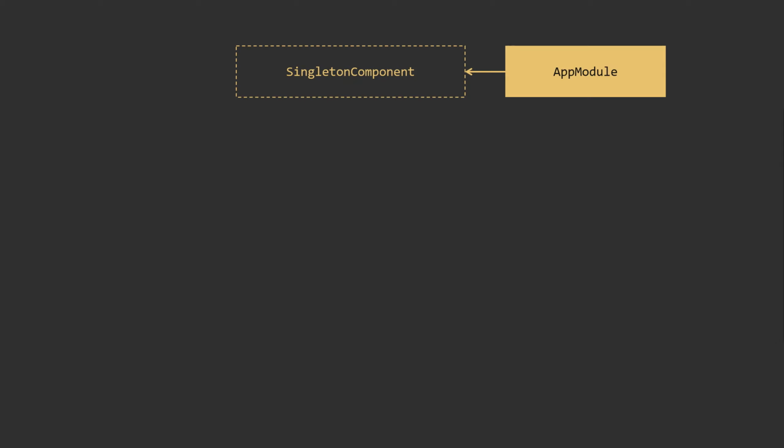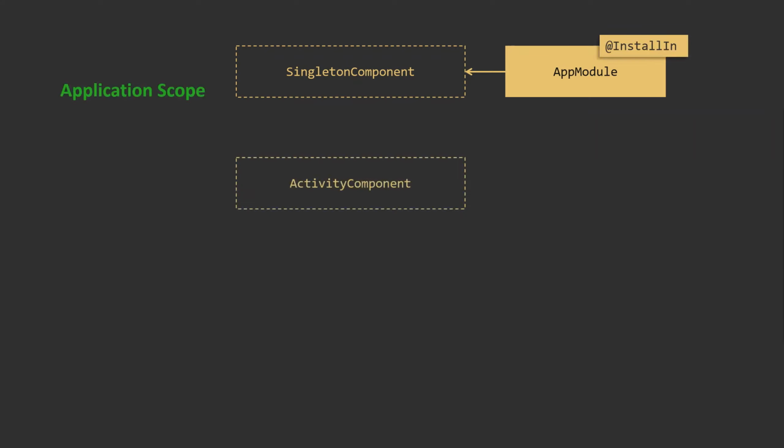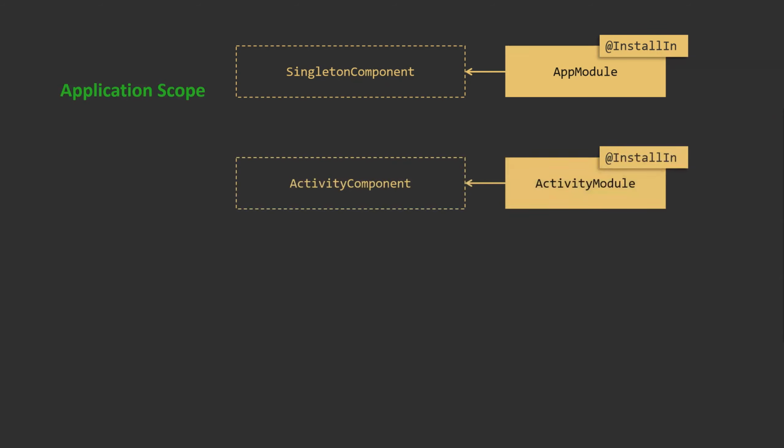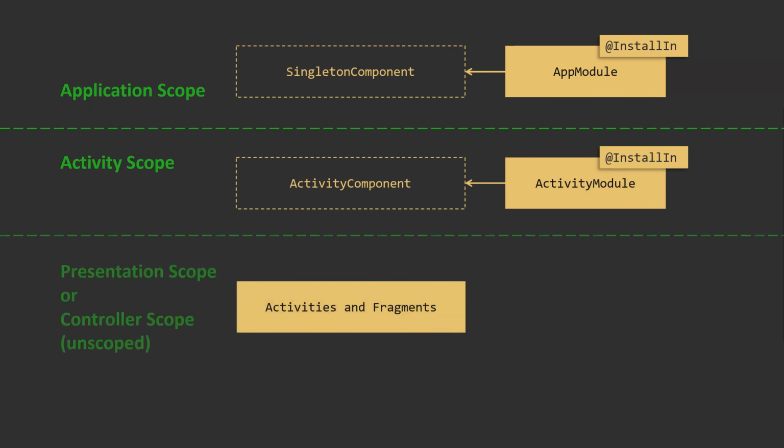However, since singleton component is kind of implicit and abstract, I can't get a reference to it. So how do I specify that? Well, I use this @InstallIn annotation, and this is my application scope. The same for activity component, activity module, install in, and then I manage to push this activity module into abstract activity component. That's my application scope. Now, I don't have presentation scope. I just have activities and fragments there.